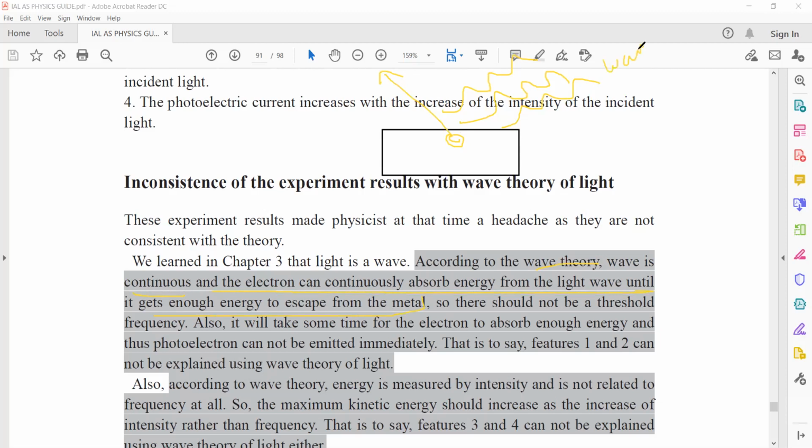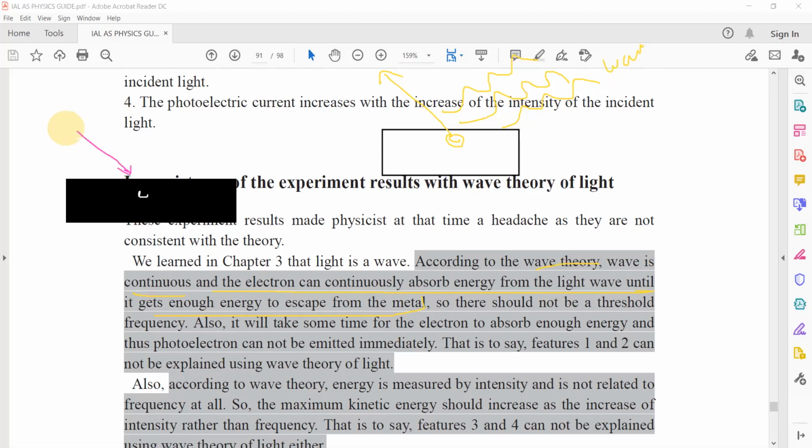But practically, this is not happening. Practically, only a specific amount of energy is able to remove the electron, not all energy. For example, if I place a bulb or a lamp, and a metal is placed under this lamp, I will not observe any photoelectric effect. Why? Because the energy coming from the lamp should be specific energy. Not all energy can remove the electron.